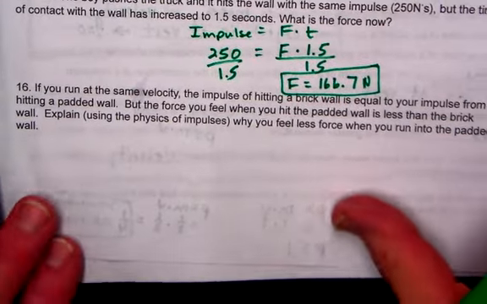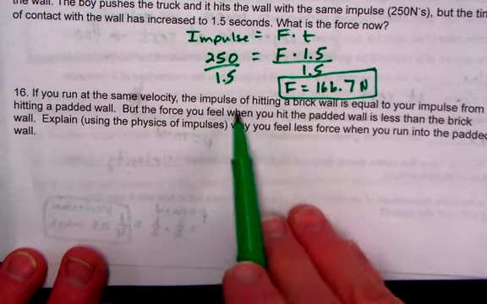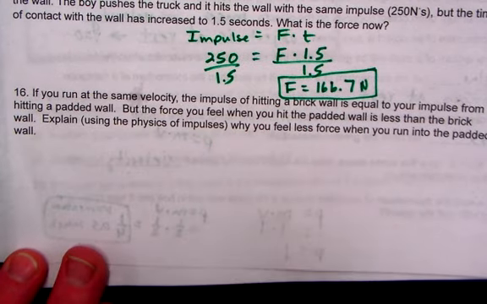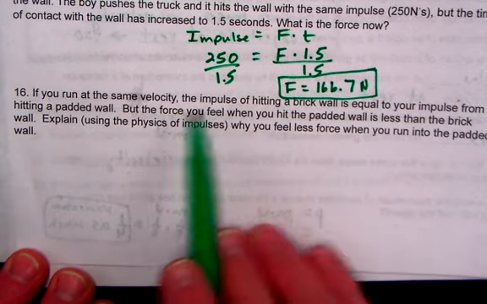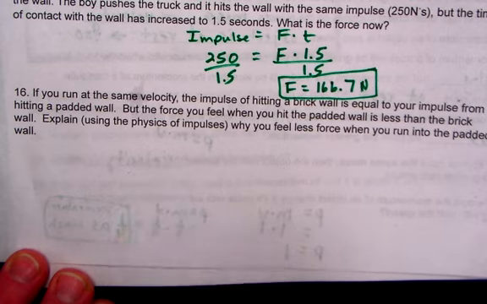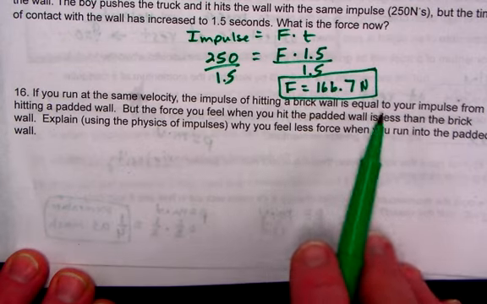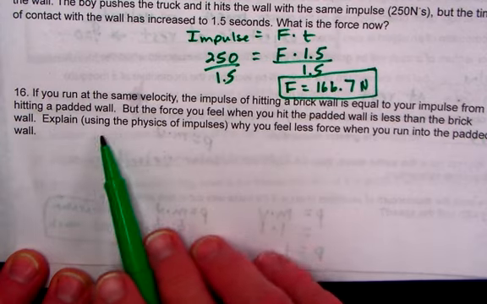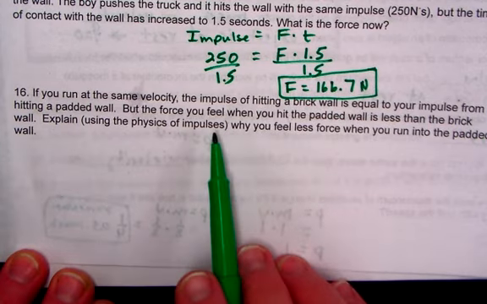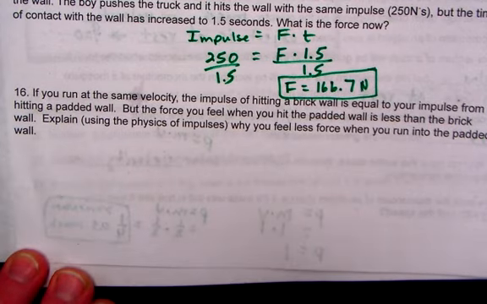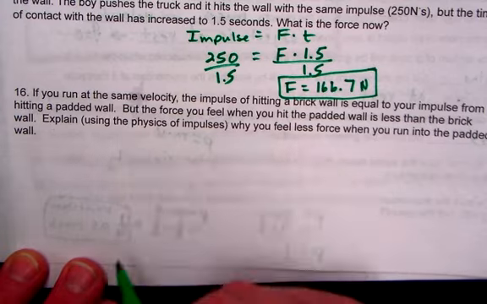All right, the next one. If you run at the same velocity, the impulse of hitting a brick wall is equal to your impulse from hitting a padded wall. That's because you come to a stop in both cases. But the force you feel when you hit the padded wall is less than the brick wall. Explain, using the physics of impulses, why you feel less force when you run into the padded wall. Okay, so here's the idea.